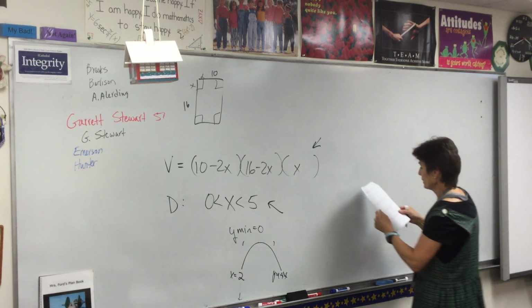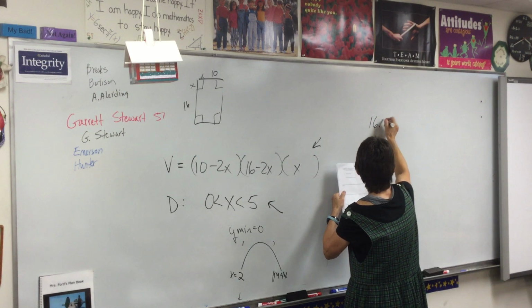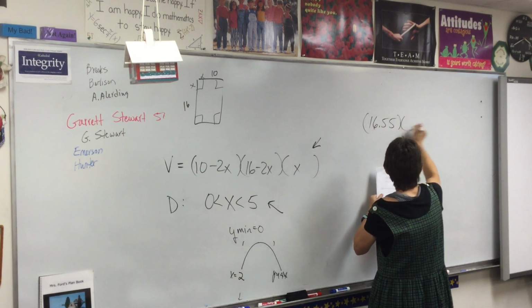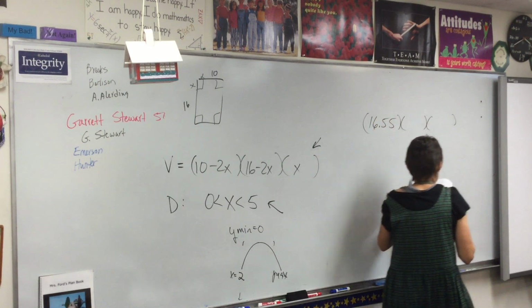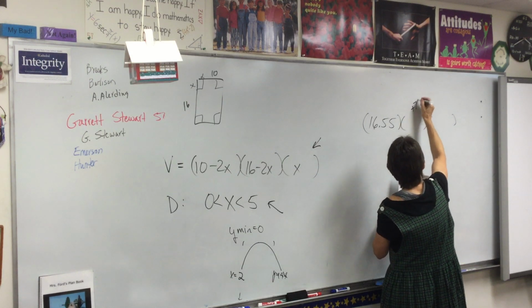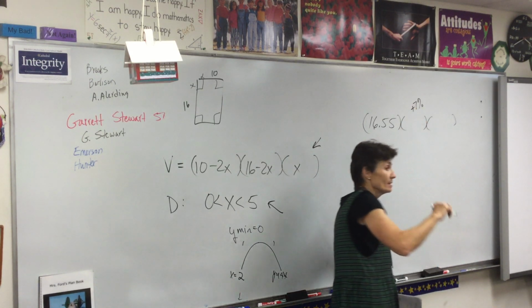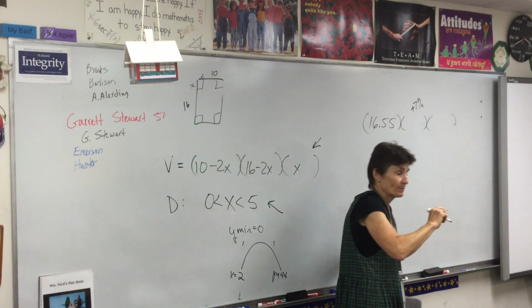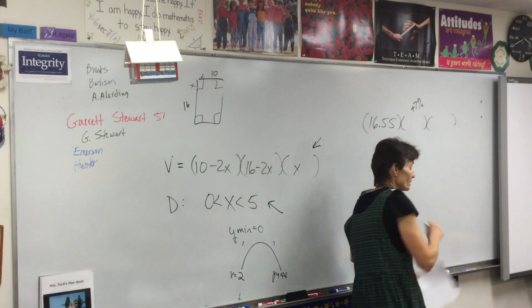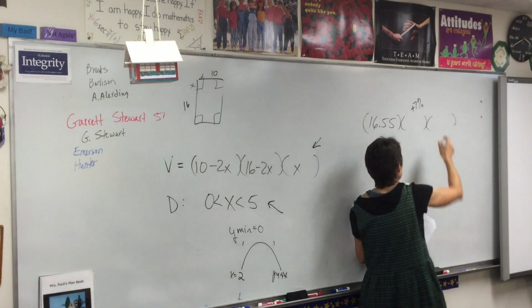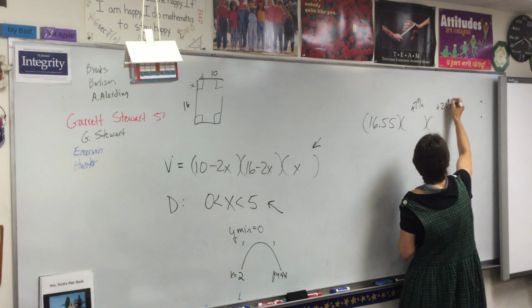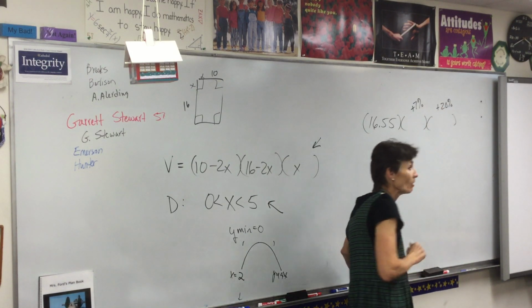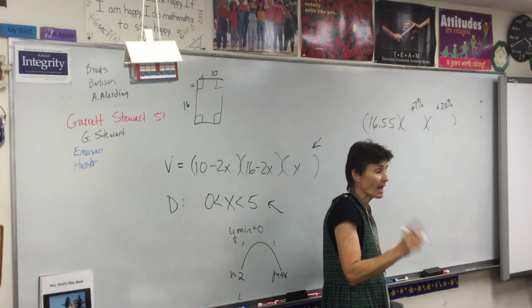Next one, we are going to go to the restaurant, we're going to pay $16.55 for our food. And then we're going to pay a 7% tax. Is tax an add-on or a deduction? An add-on, that's important. And then you're going to leave a 20% tip. Is that an add-on or a deduction? An add-on.